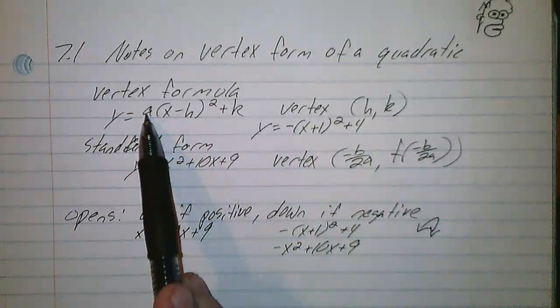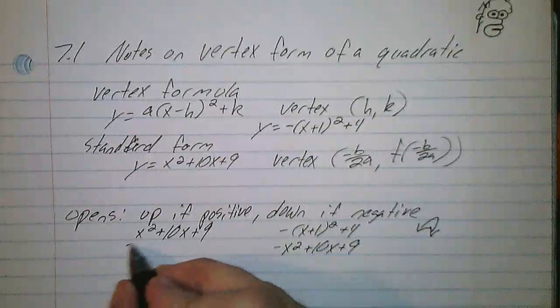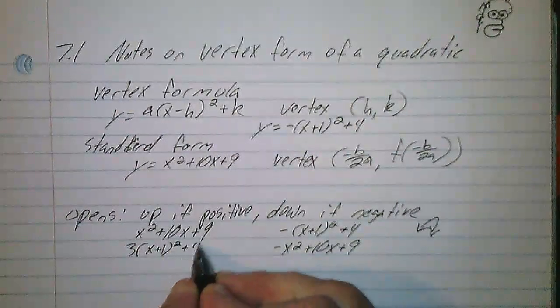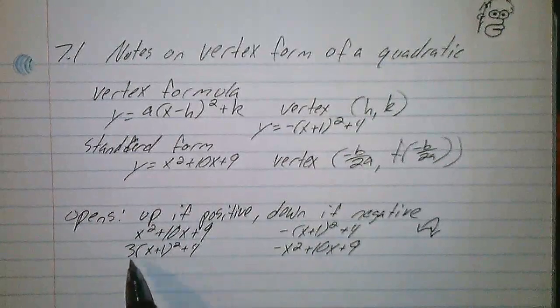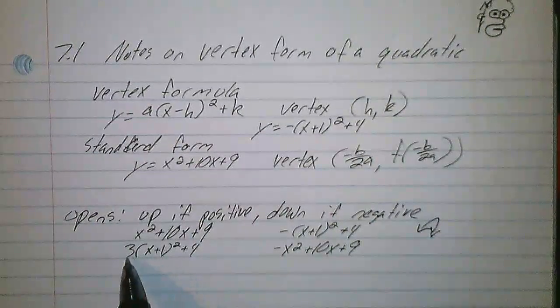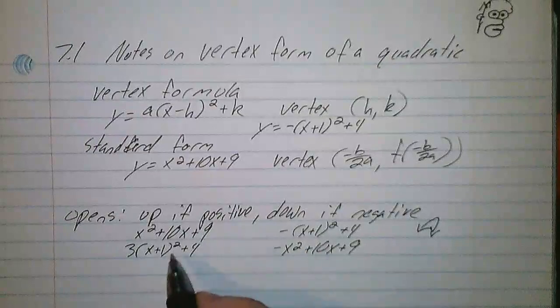We could have a value for a, something like 3 times (x plus 1) squared plus 4. We could FOIL this out, distribute the 3, combine like terms, but the leading term, or highest x value, would be positive.